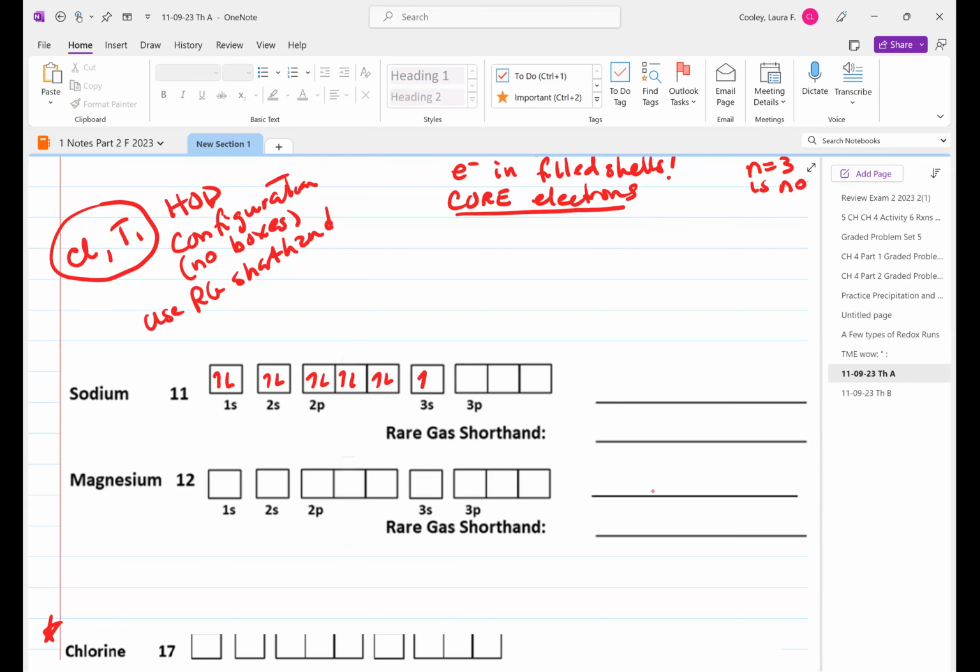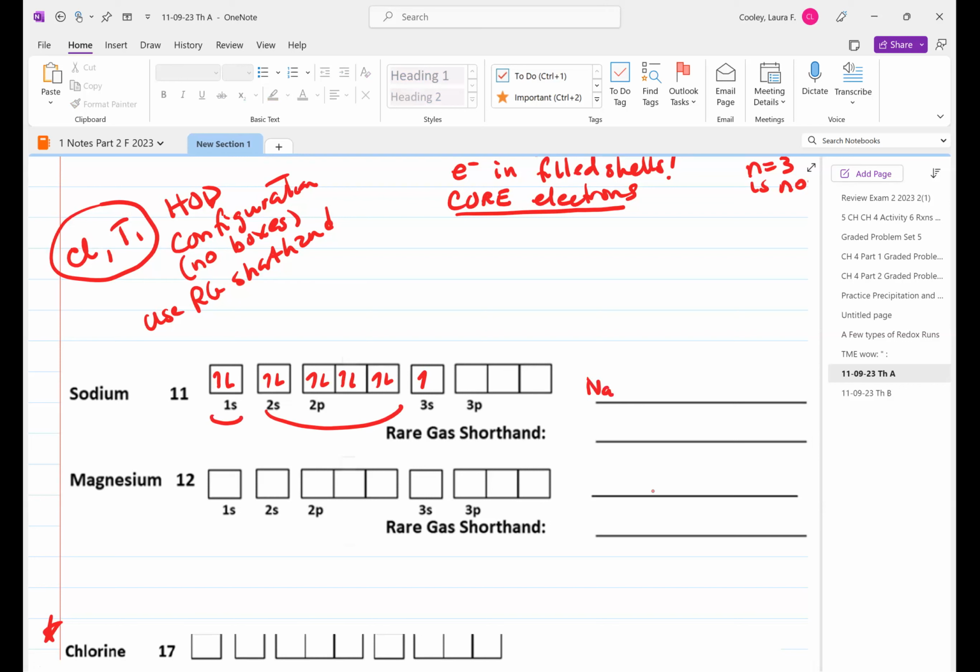Now, using the fact that as you go across each period, you're filling a different shell, you could see here that the n equals 1 shell is filled. The n equals 2 shell is filled. So you could go and look at the end of the second period and you see it's neon, and neon has a Z of 10. So that takes care of those 10 electrons. You only have one other electron.